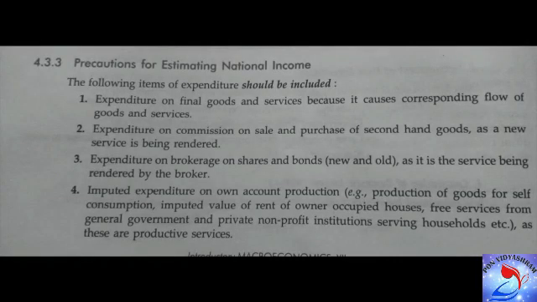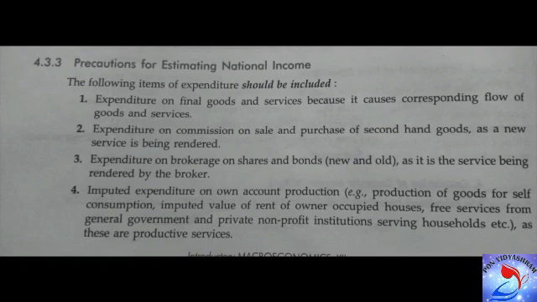The next are the precautions to be taken for estimating national income under the expenditure method. In this method, some items should be added to the estimation and some should be excluded. Now we will see the items of expenditure that should be included. The first item is expenditure on final goods and services, because it causes a corresponding flow of goods and services. Next, expenditure on commission on sale and purchase of second-hand goods.